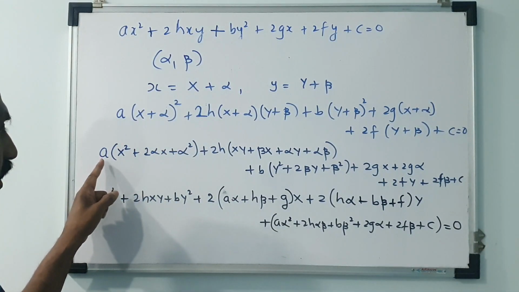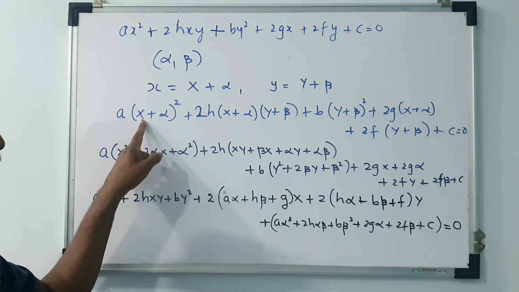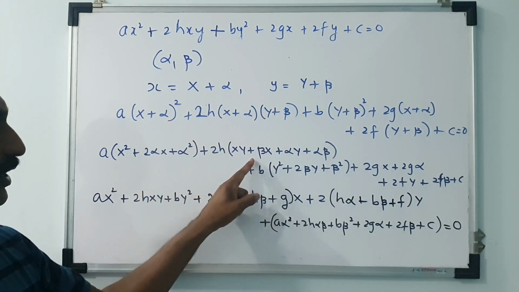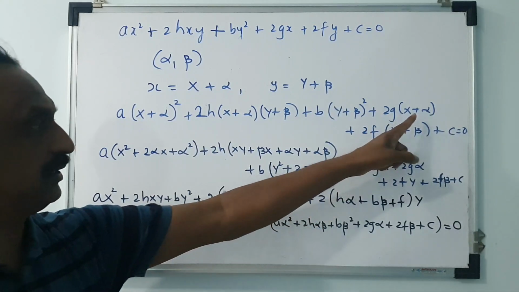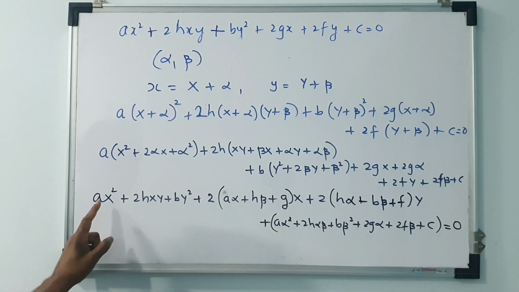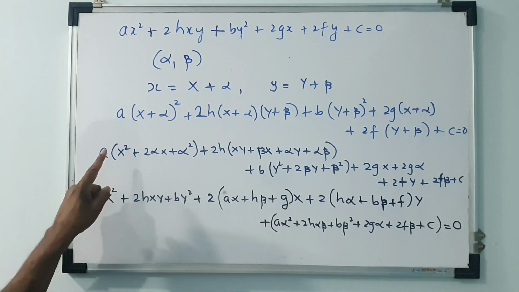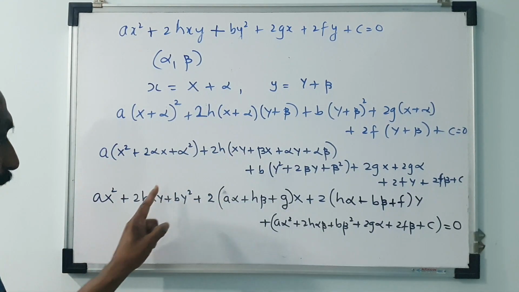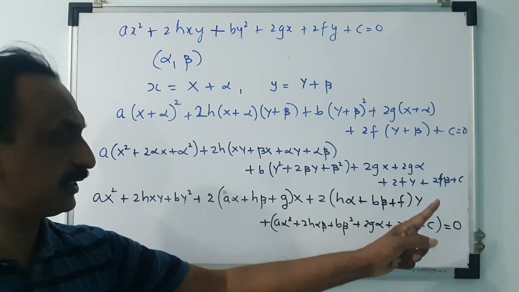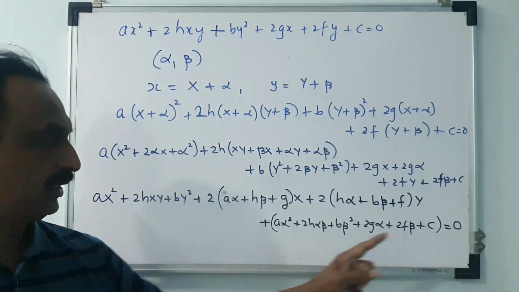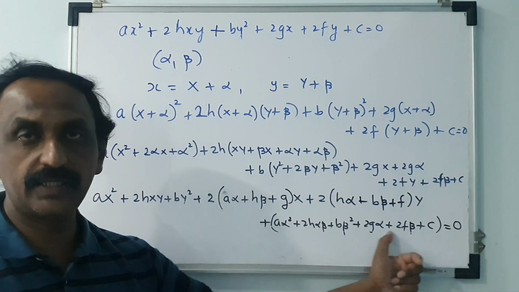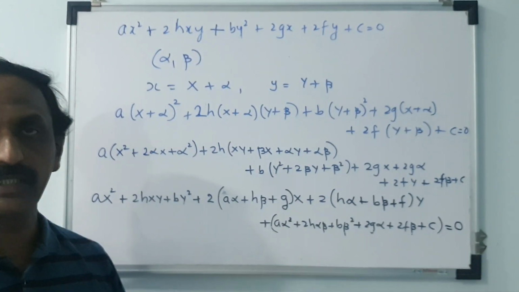After that, I have expanded each term, and then taken, in order, the X squared term, XY term, Y squared term, X term, Y term, and constant terms. Remember, X and Y are the variables. So all the terms with alpha, beta, and c will be the constant term.